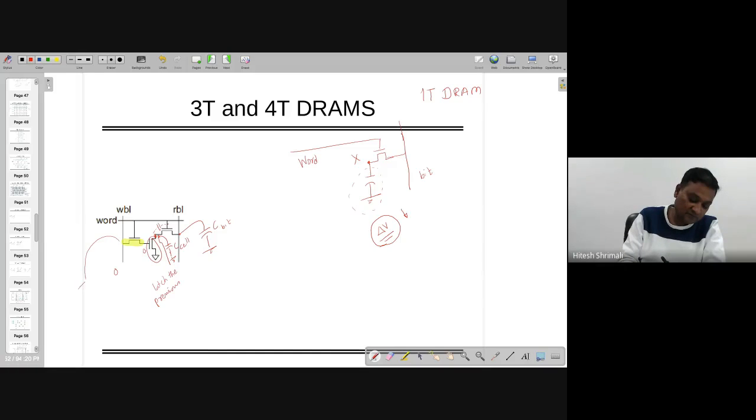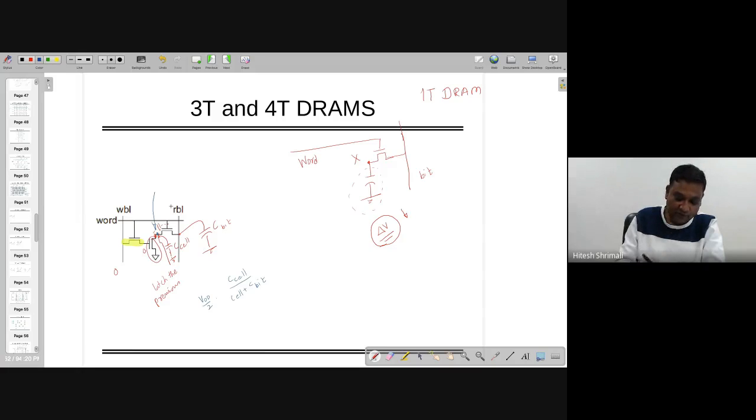Notably, there are capacitors also here. Right now, I am not taking them into account for the analysis of the DRAM, where this particular node value is going to be divided, with VDD by 2 times C cell by C cell plus C bit.